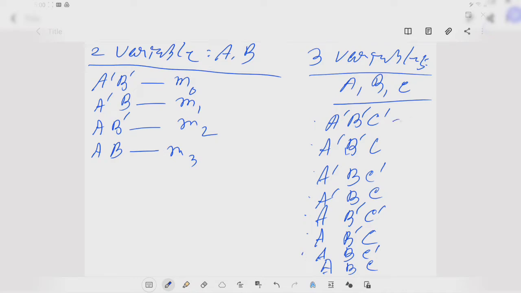The first min term is m0, then m1, m2, then m3, m4, m5, m6, m7.